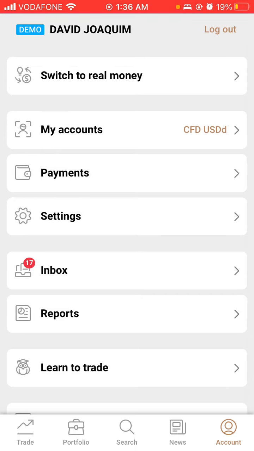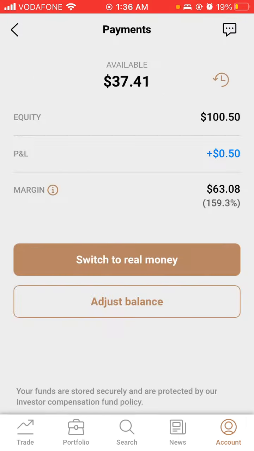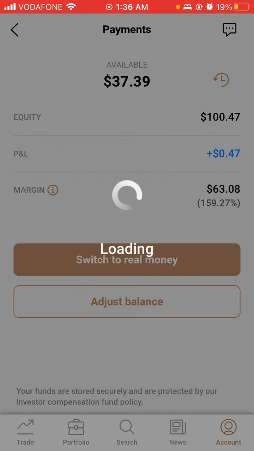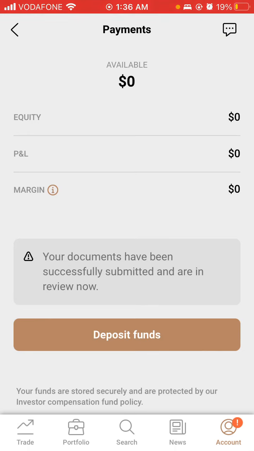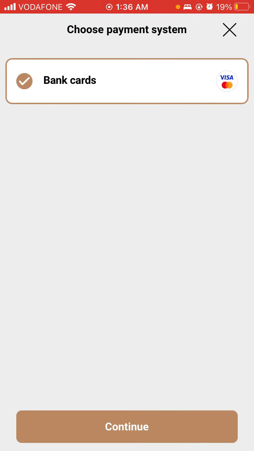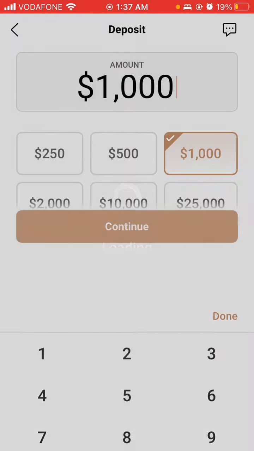If you want to deposit, well, wait a minute, I'll go to how to deposit money. This is for payments. Let me switch to real money first. If you want to deposit funds, you click on this, then you click on bank cards.